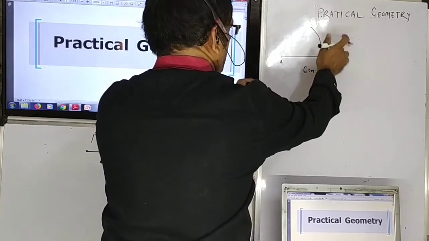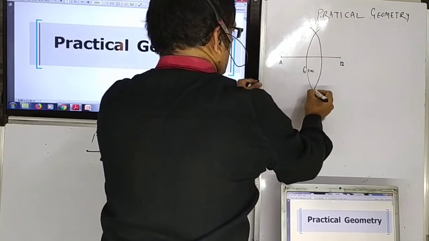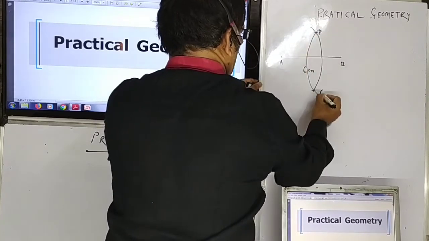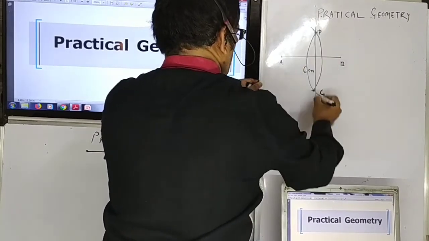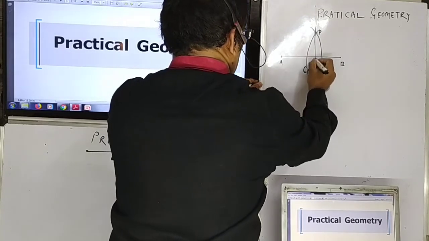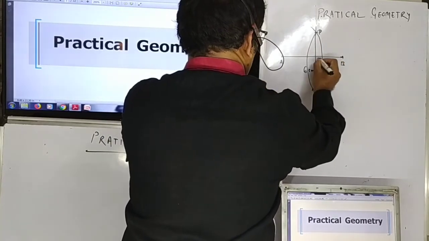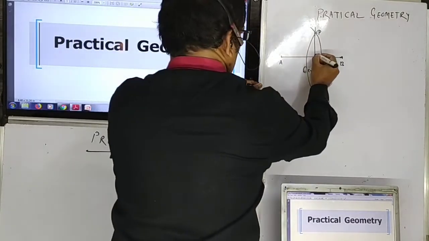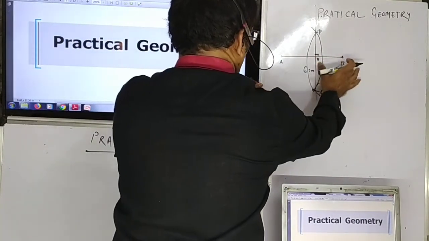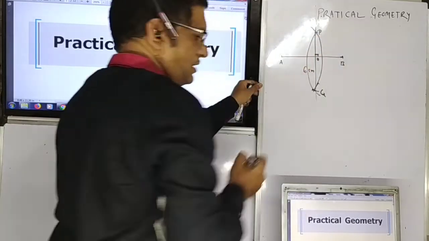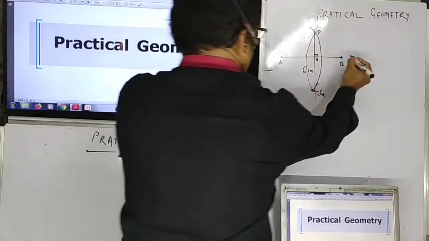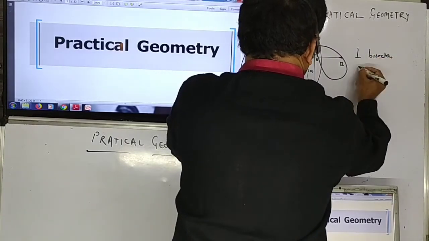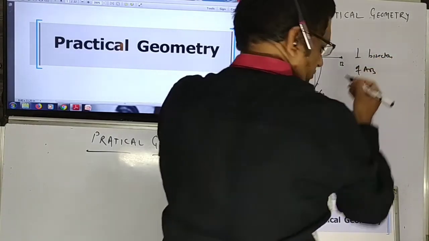Put the metallic end at B. Draw another arc. These two arcs intersect at P and Q. Join this PQ, intersecting the segment AB at O. Then OA and OB are equal and this angle is 90 degree. This is the perpendicular bisector of AB.